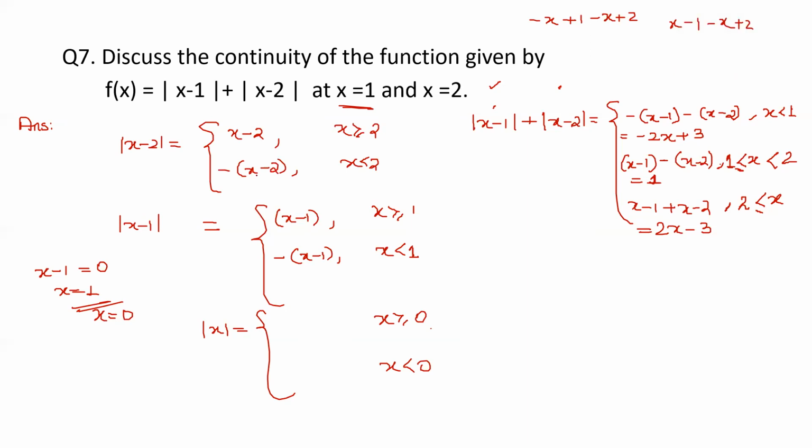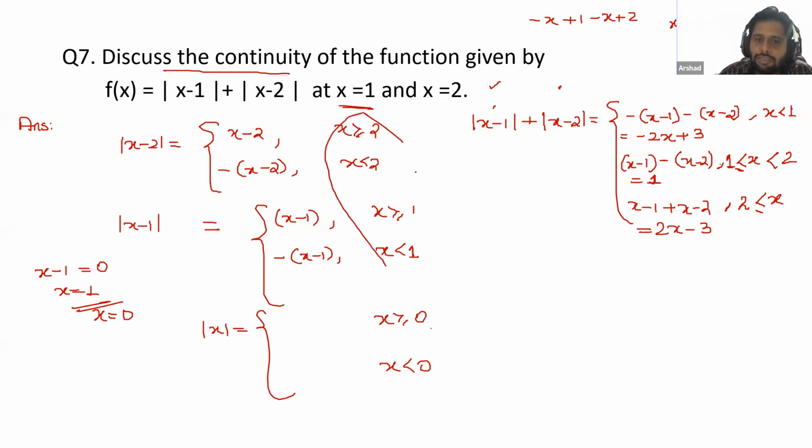But in the question, they have combined the two modulus, so we will combine all these conditions. The lowest is x less than 1, that's why we have taken it with this. When we mention x greater than or equal to 1, we can't decide the second part, because if the number is greater than 1 but less than 2, then it will be negative, and if it is greater than 2, it will be positive.